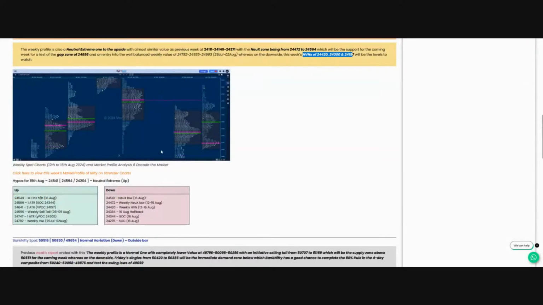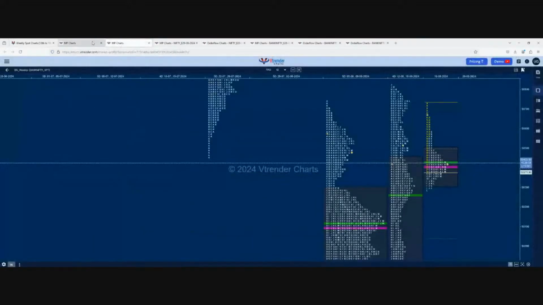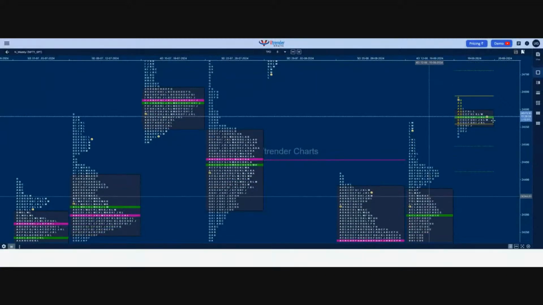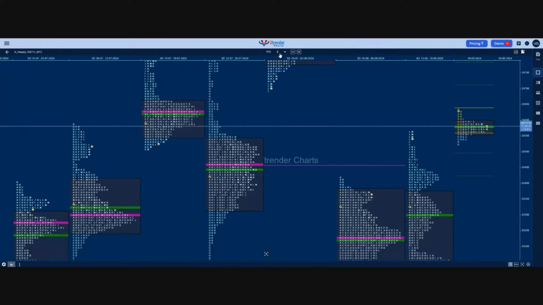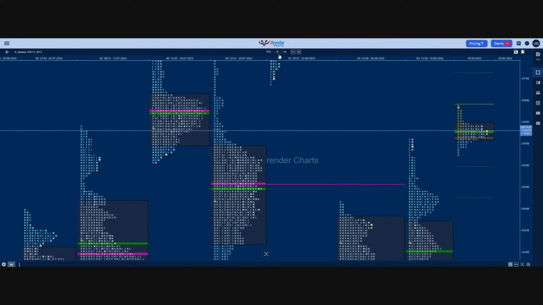And coming to today's chart, let us just see what happened in Nifty. And this is today's profile chart. I'll just increase the TPO size so that we can have a clearer view. So what we did today was got another gap up, but in that gap up, again, we did not get any fresh demand.